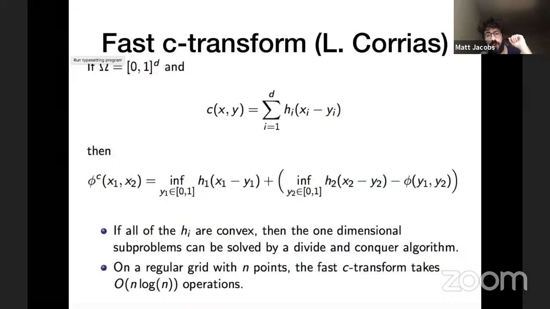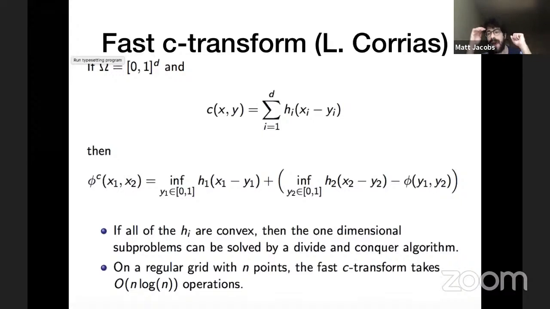If you want to do some kind of a more general cost, the only thing that really matters is, again, that you're on a regular grid and your cost decomposes along dimensions. So if that happens, and I should say all of these h_i are convex functions, then there's a divide and conquer way of solving these one-dimensional problems.